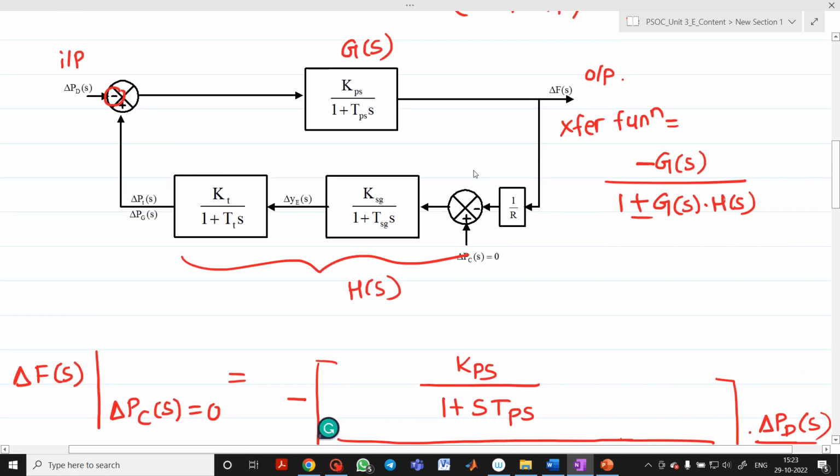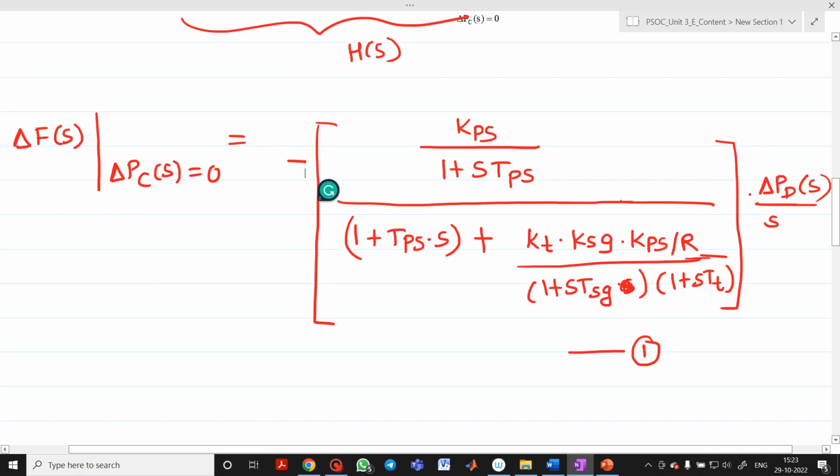The simple reason is that the input is negative, so that's why here it will be 1 plus G(s) into H(s), and since the input is negative, this negative sign will be as it is here. So we will get this expression as delta f of s upon delta f of s when delta Pc equals 0, because we are talking about case A, when free governor operation is.